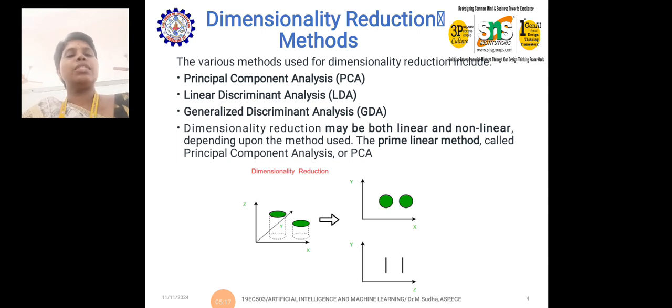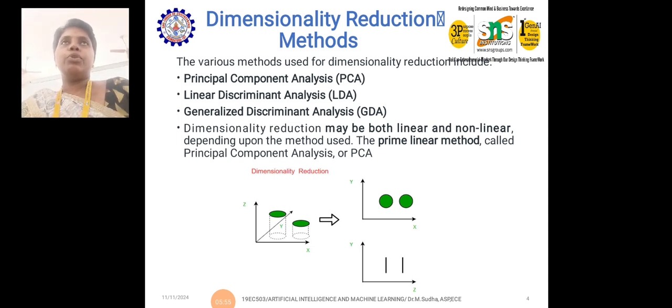Coming to the various methods used for dimensionality reduction, it includes the one we already mentioned, principal component analysis, and also linear discriminant analysis and generalized discriminant analysis. So these are the methods we use for dimensionality reduction. Dimensionality reduction may be both linear or non-linear. We know what linear is: if the input increases, the output automatically also increases, so we have a linear process.